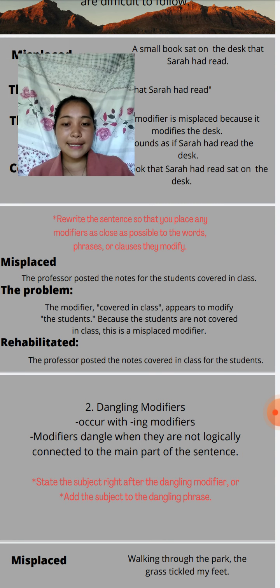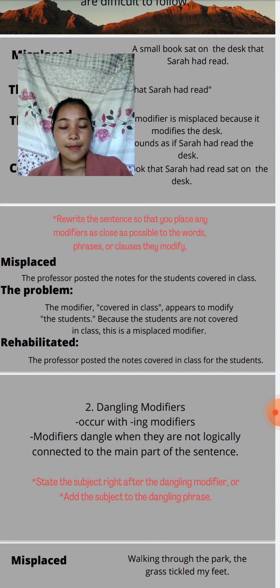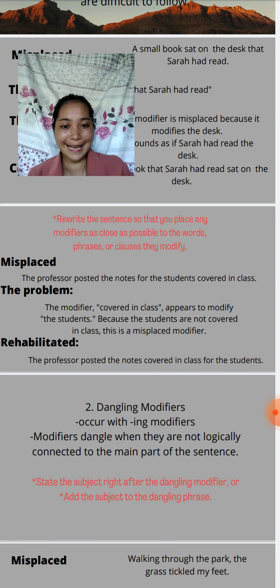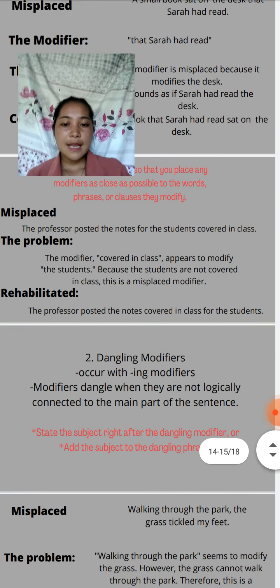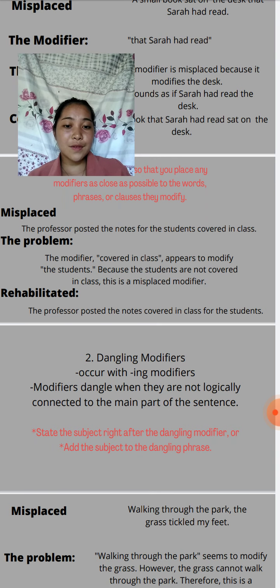So the problem in this sentence is the modifier covered in class appears to modify the students because the students are not covered in class. So this is a misplaced modifier. So the rehabilitated sentence is the professor posted the notes covered in class for the students.